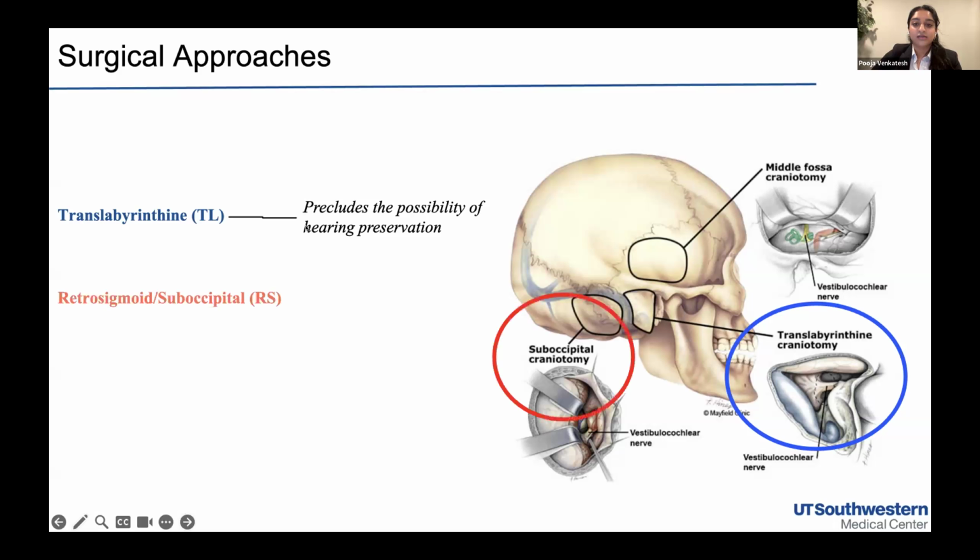And then there is the retrosigmoid approach, also known as the suboccipital approach, as well as the middle fossa approach. Both of these approaches are generally hearing preserving because the vestibular nerve is sectioned at its division of origin.